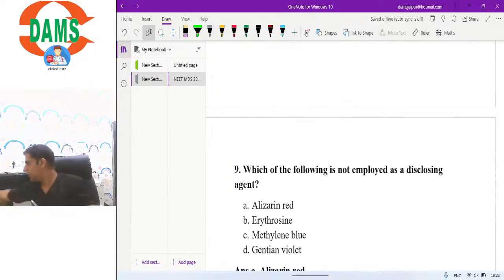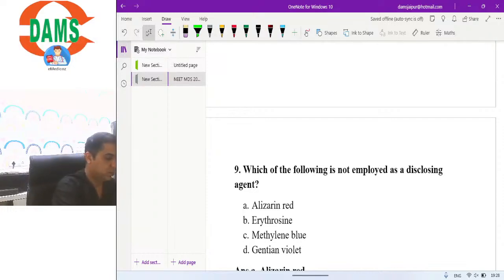Which of the following is not employed as a disclosing agent? Alizarin red is basically for growth study, it checks calcium deposits, okay?